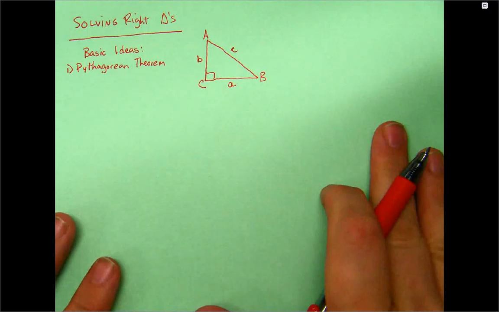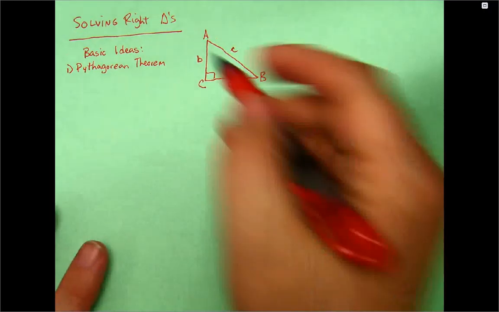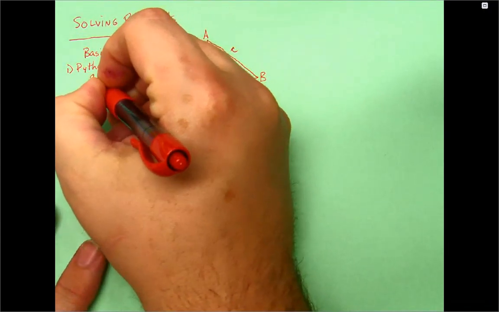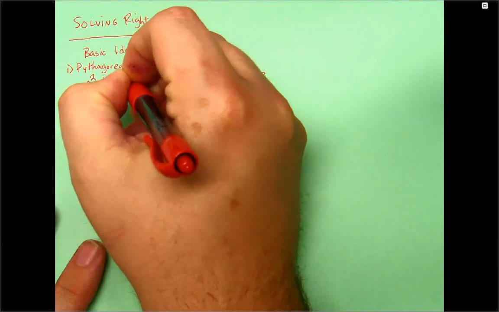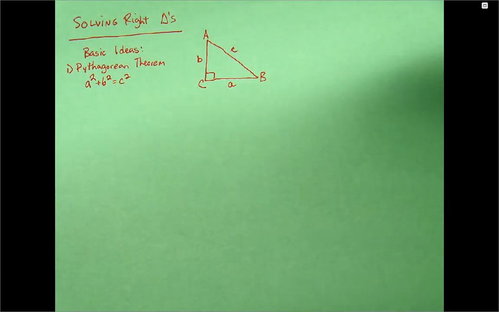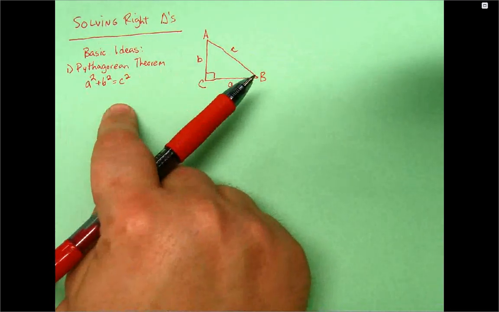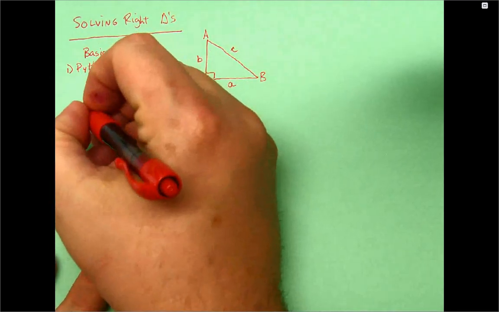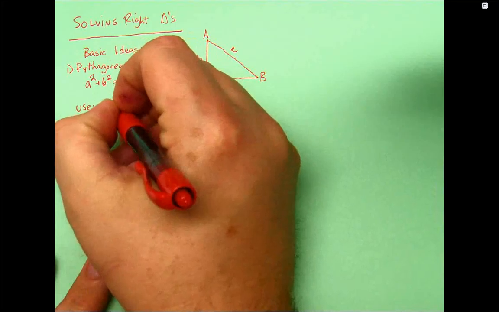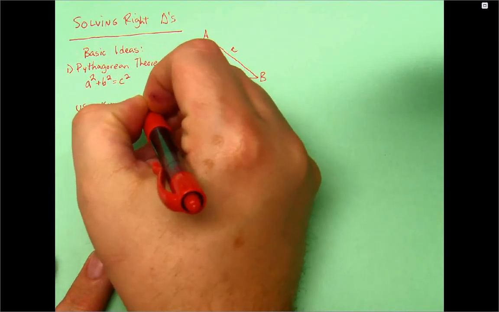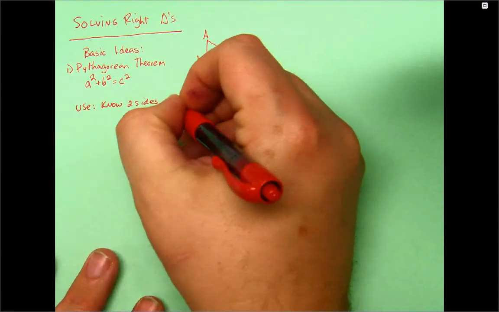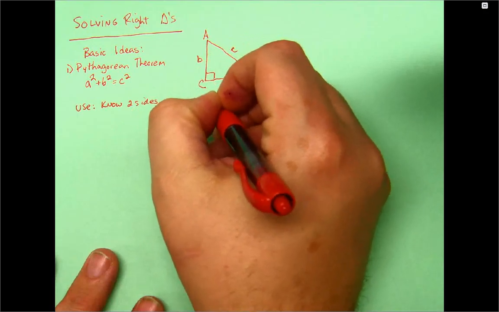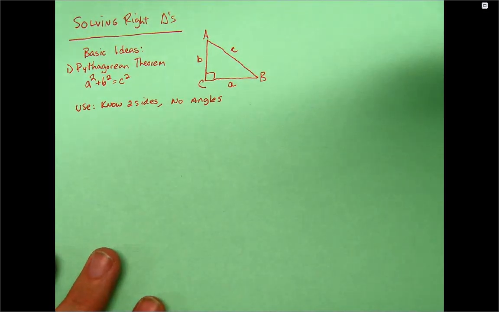So one thing that you always have at your disposal is the Pythagorean theorem, where a squared plus b squared is equal to c squared. So we can't forget the Pythagorean theorem. A lot of times you're going to use this when you know two sides and no angles.